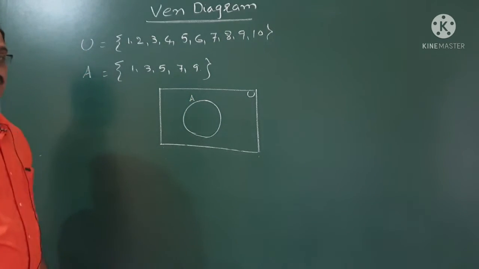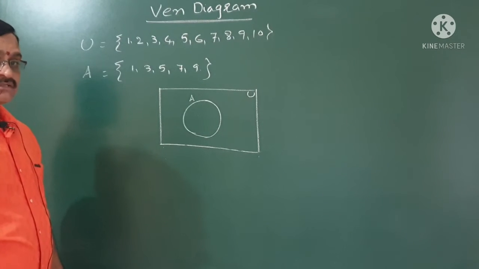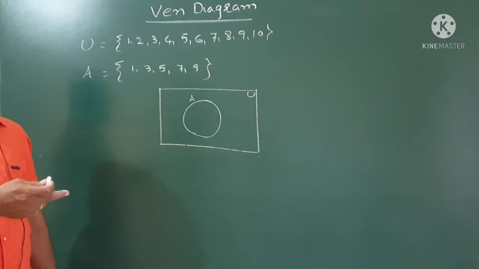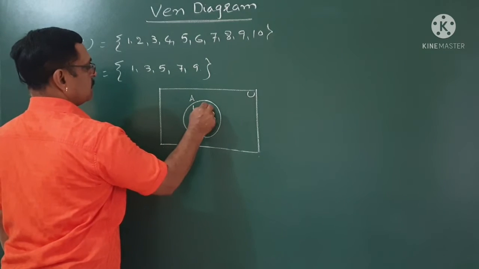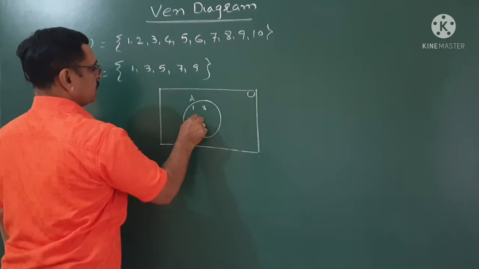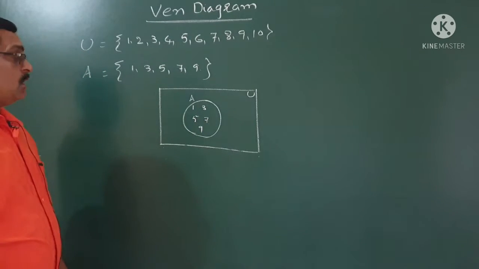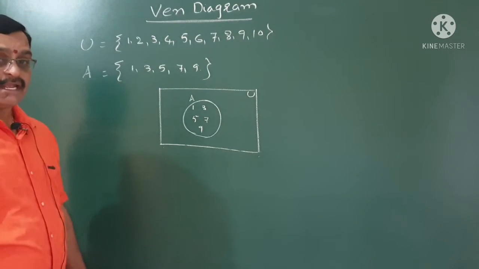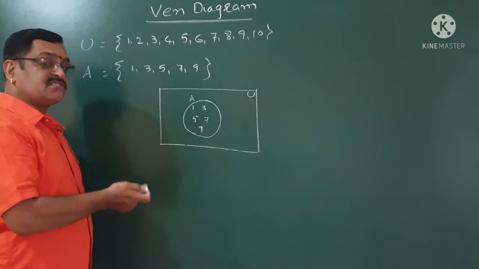How to start? First of all, fill the circle with the elements of A. What are they? 1, 3, 5, 7, and 9. Whatever elements are there in U other than A, you just write outside of the circle but inside the rectangle.